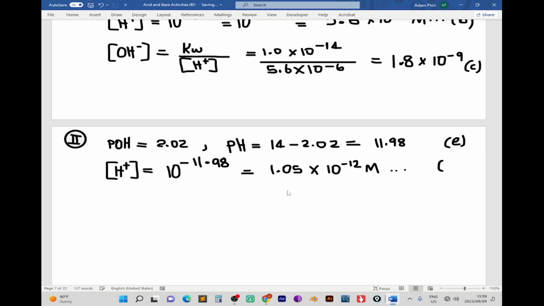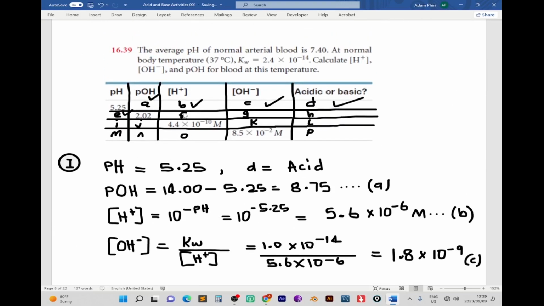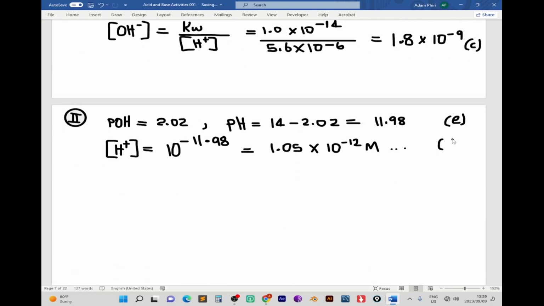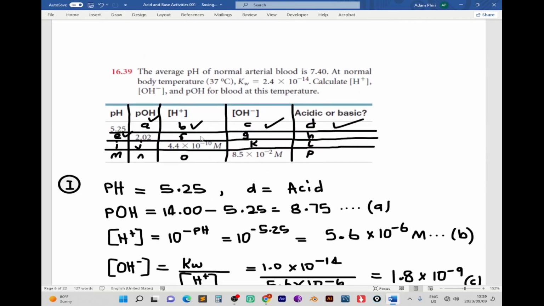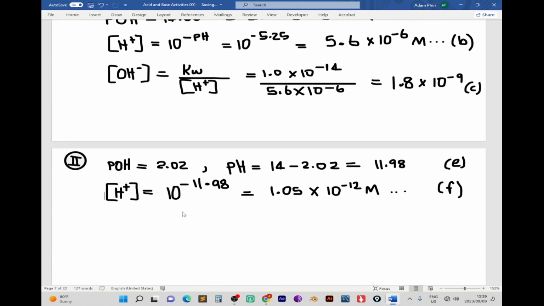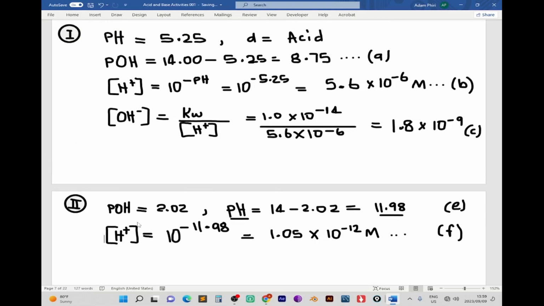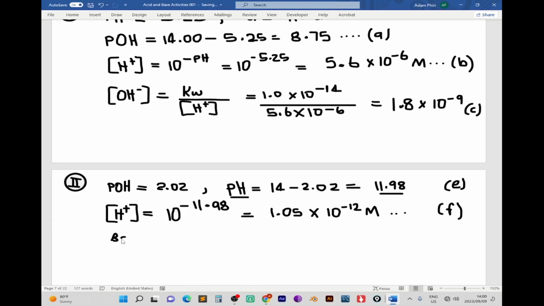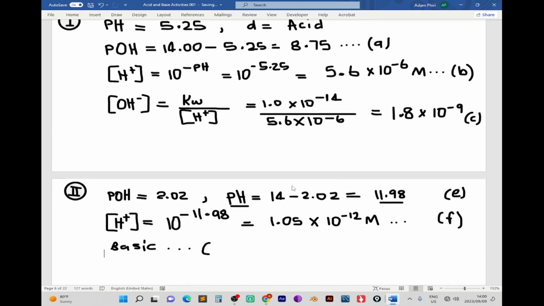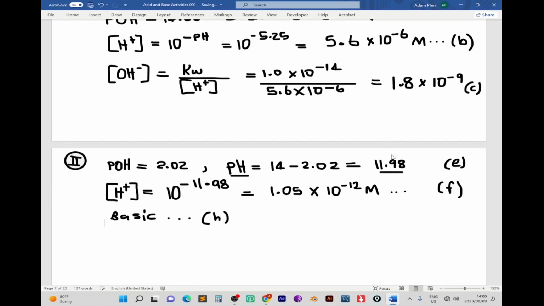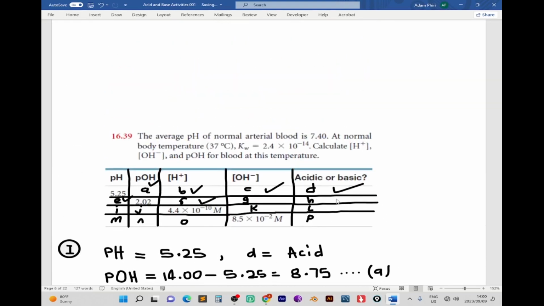That's molarity of the acid, and then that will give us value F. So we fill in value F there on the table. F is given, and then we turn to the next question. So pH there is 11.98. That's basic. So we go in the table there, the last option on the table, that should give us H. So that is H there.